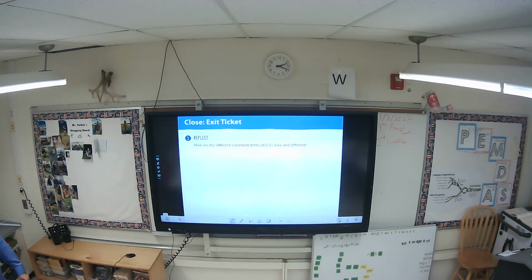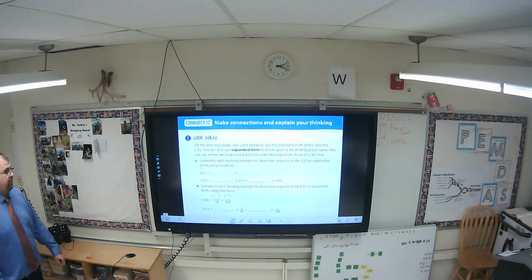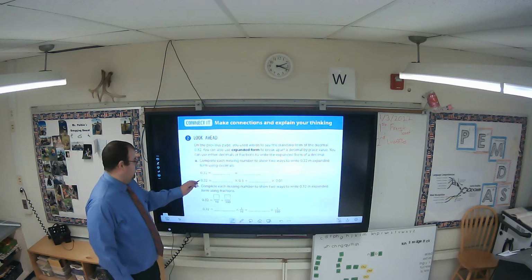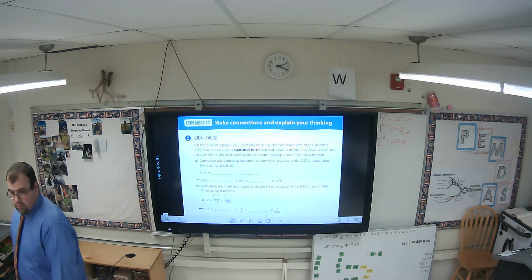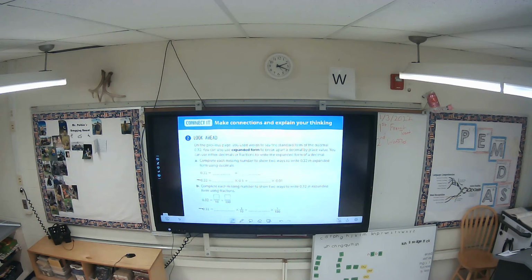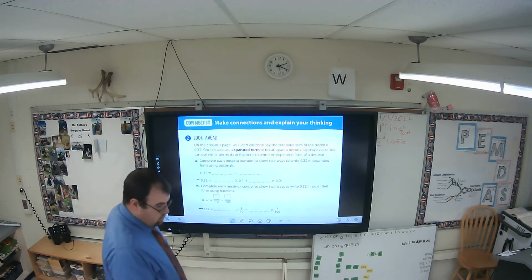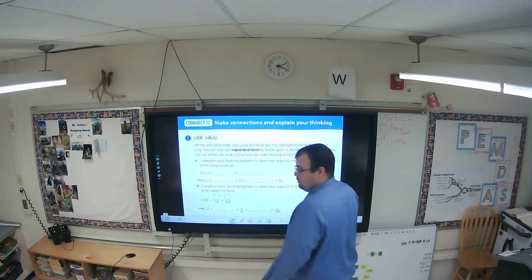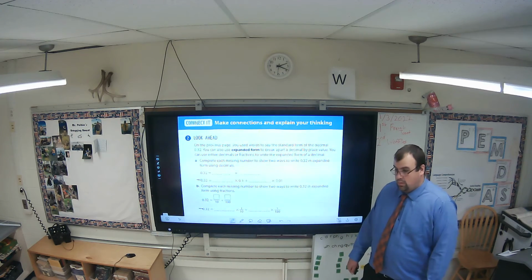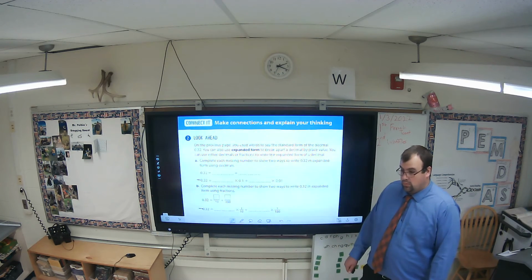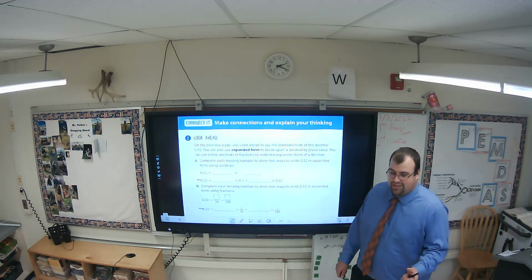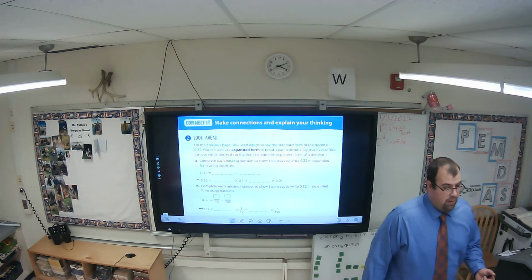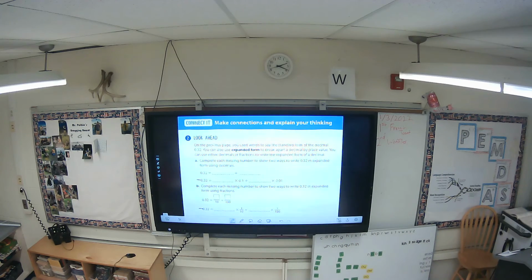How are the different expanded forms of 32 hundredths alike and different? So how is this one and this one alike? What are they being broken apart into? Not fractions. What do we break them apart by in expanded form?